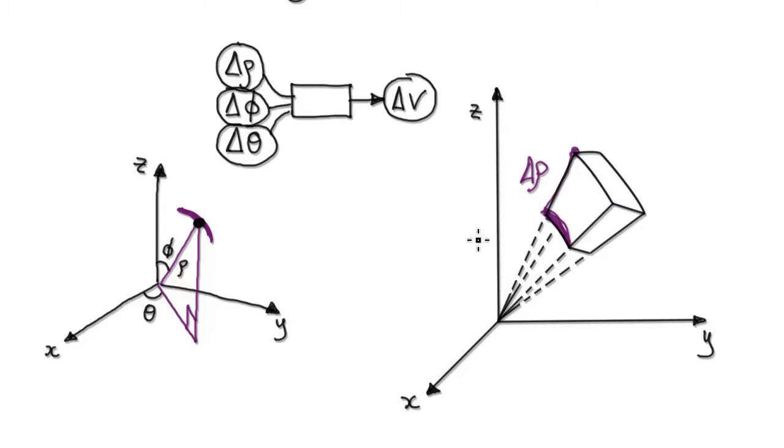So if you want to know this length, it would be the radius of the sphere, which is rho, and then you times by the change in this angle here. So this length here, you can imagine it as being rho delta phi.